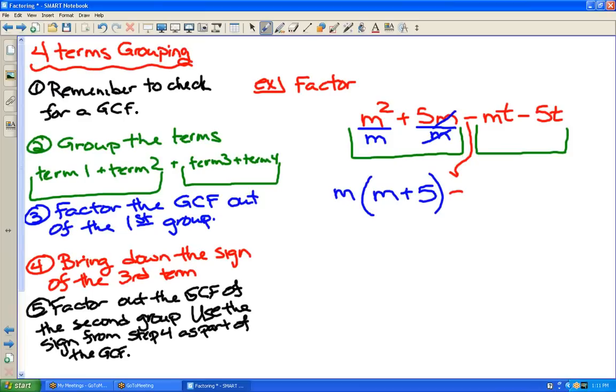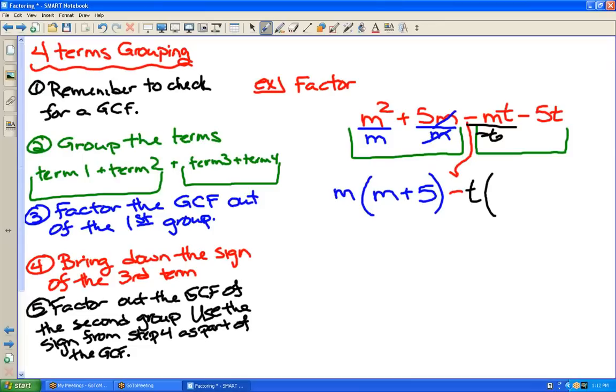Have to write the 1. You have to have a GCF for step 5, and it can be just the number 1. But in this case, looking at the letters, both of the factors have a T. They don't have any numbers in common, so I could put the 1 that I'm dividing out of all the terms as a negative T.